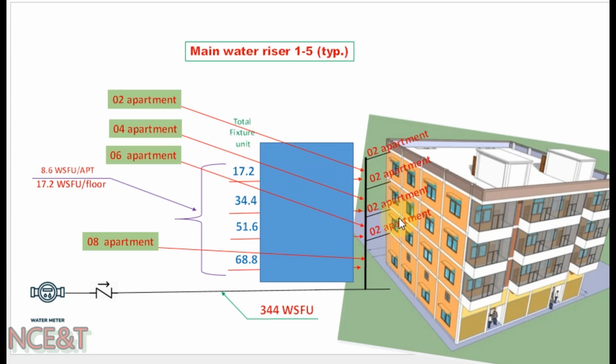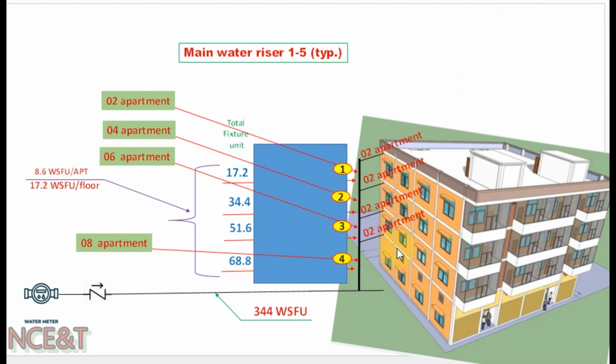When we come down one level below, this segment of the riser is supplying water to 4 apartments, to here and to here, and the load value here is 34.4 water supply fixture units. When we go down to the last level, the ground floor, this segment of the riser is supplying water to 8 apartments, and the load value here is 68.8 water supply fixture units.